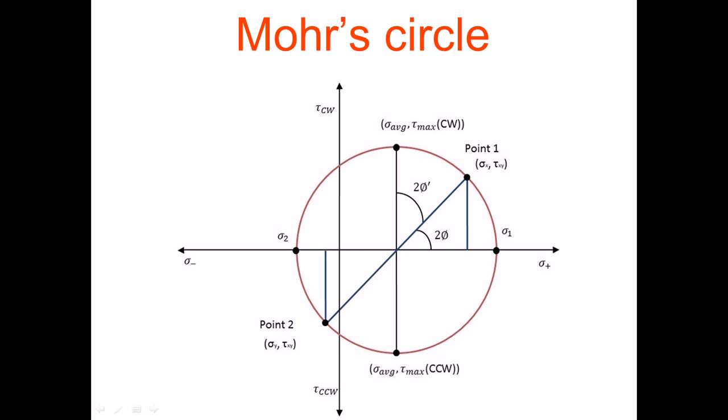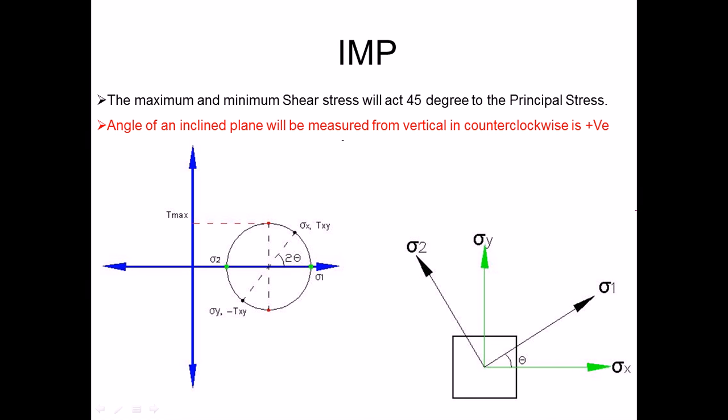In the Mohr circle the sigma x and sigma y points are 180 degrees apart, whereas in real cases it is 90 degrees. Here the distance from the origin to this point is called sigma 1, or the major principal stress, and this vertical topmost point is where the shear stress is maximum. Between the maximum shear stress and the principal stress, the angle is 90 degrees on the circle, so in the actual case it will be half of that, 45 degrees.